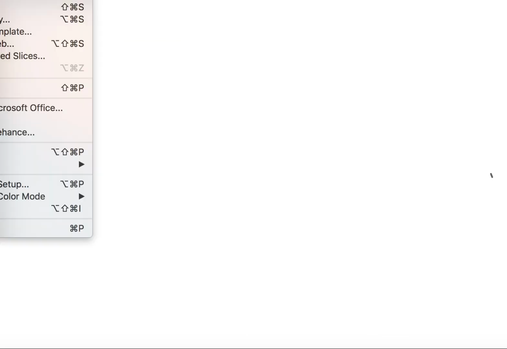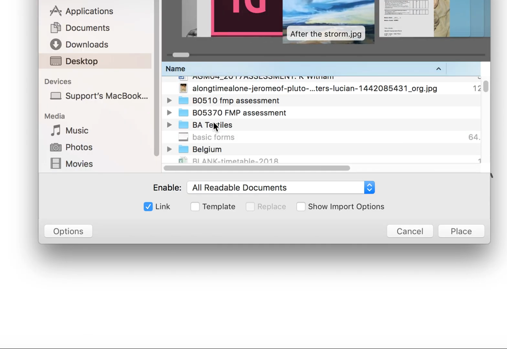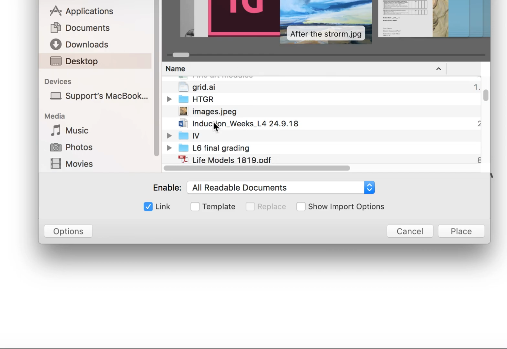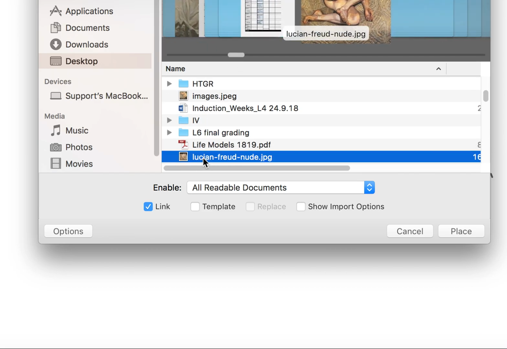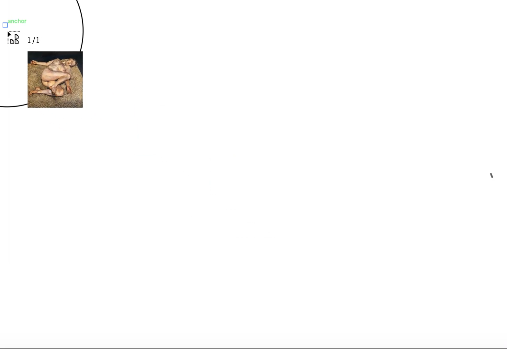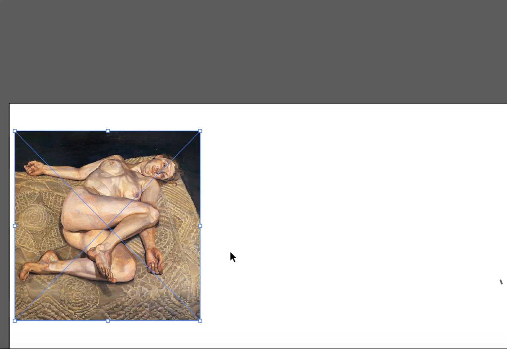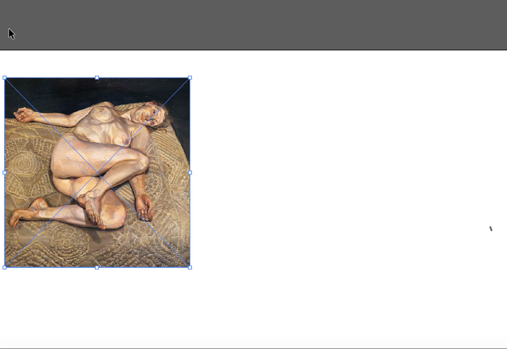If I did the same again, placing another Lucian Freud picture into the image, again I can break it down into basic building block structures.